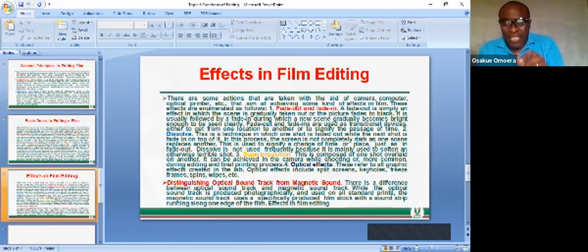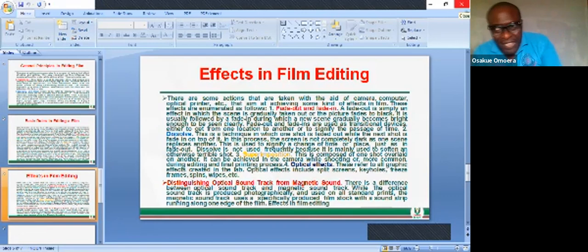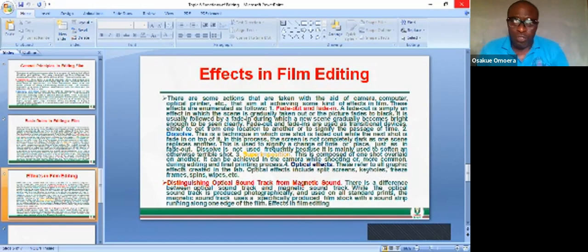In this process, the screen is not completely dark or blacked out as one scene replaces another. This kind of effect is called what? The dissolve. In the studio situation, we can experiment with this.